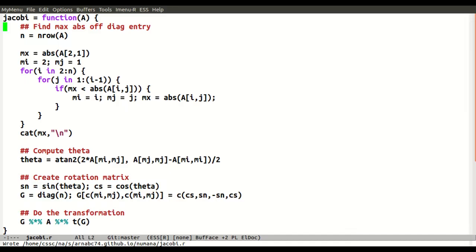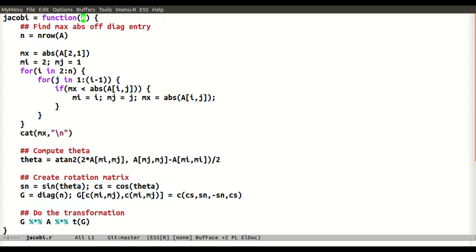But for the time being, let's take an example and see how we might implement it in a language like R. Okay, so we will write a function. We already have a function to implement one step of the Jacobi algorithm. So it's a function Jacobi equal to function, and A is the input matrix.